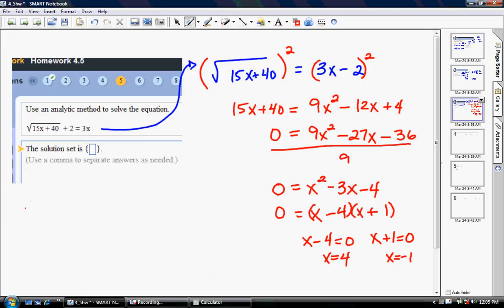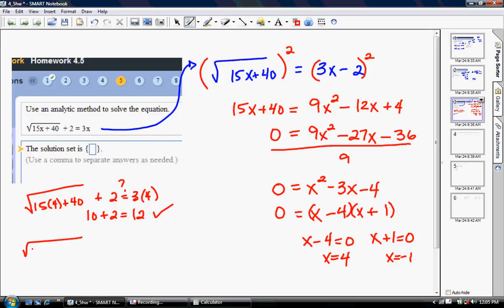Now we check. We plug in the 4, does that check? So is 15 times 4 plus 40 in the square root plus 2 equal to 3 times 4? Well, what is that? 60 plus 40 is the square root of 100, which is 10, and 10 plus 2 does equal 12, so that checks.